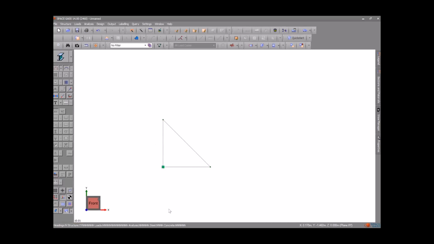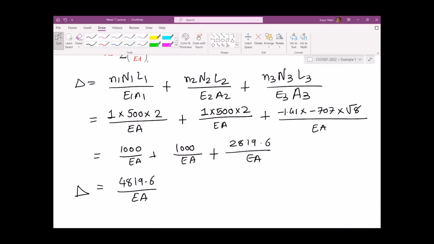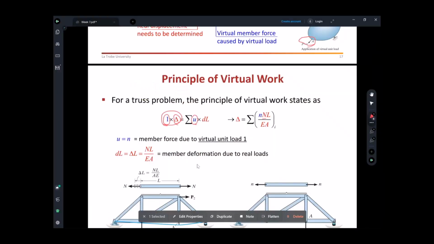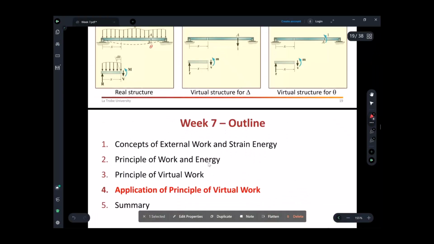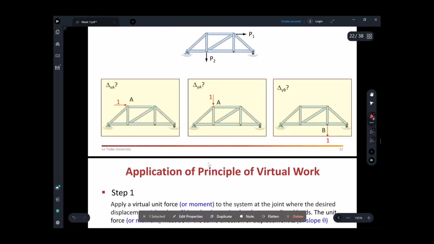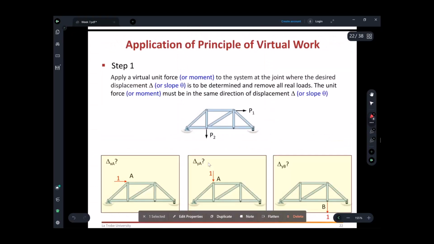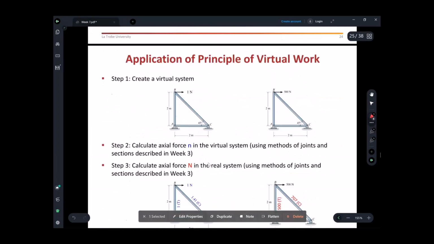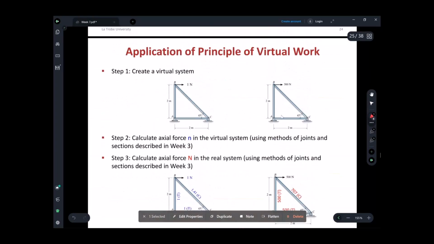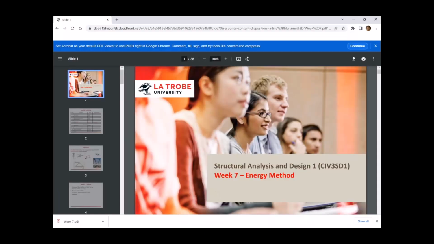Then we double click on here because we just want to check the example. Oh, there you go. We have a pin support here and a roller support here.